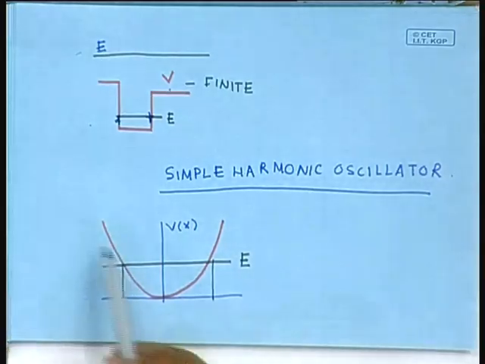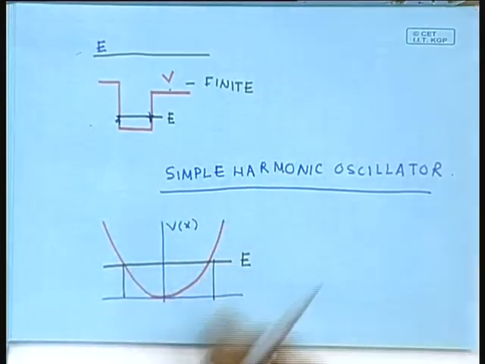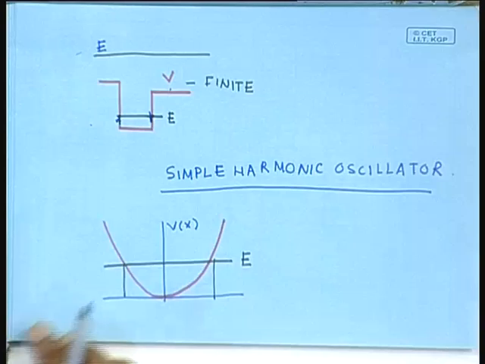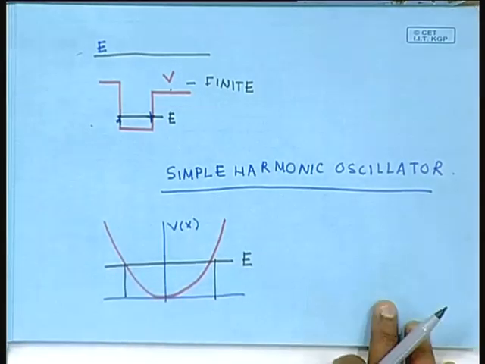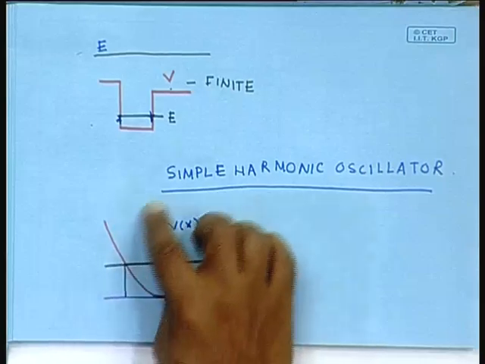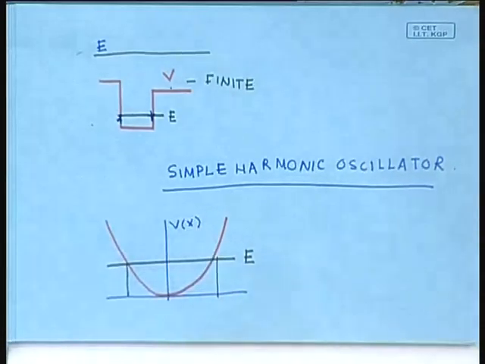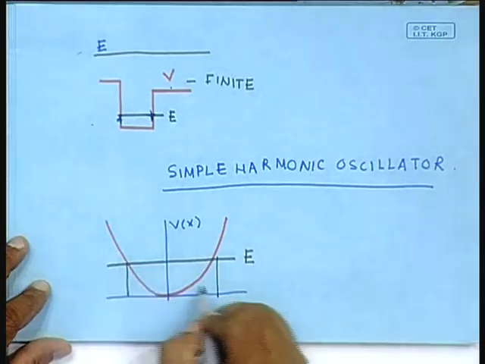In quantum mechanics, the particle may extend beyond this region, the wave function will extend beyond this region, but the particle's wave function is still going to be localized because the potential goes to infinity at x equal to plus infinity and minus infinity. So, the particle is going to be bound somewhere in between, it is a bound particle constrained to a finite region, and again in this case you have discrete energy levels.